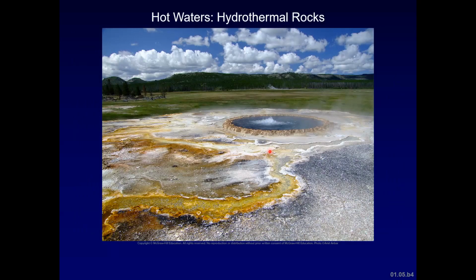So with hot water, this is Yellowstone, you get hydrothermal rocks. Those rocks form where hot water cools and minerals precipitate, like this hot spring. Some geologists might say these are metamorphic rocks as well, but I'm going to separate them in line with what the book says.